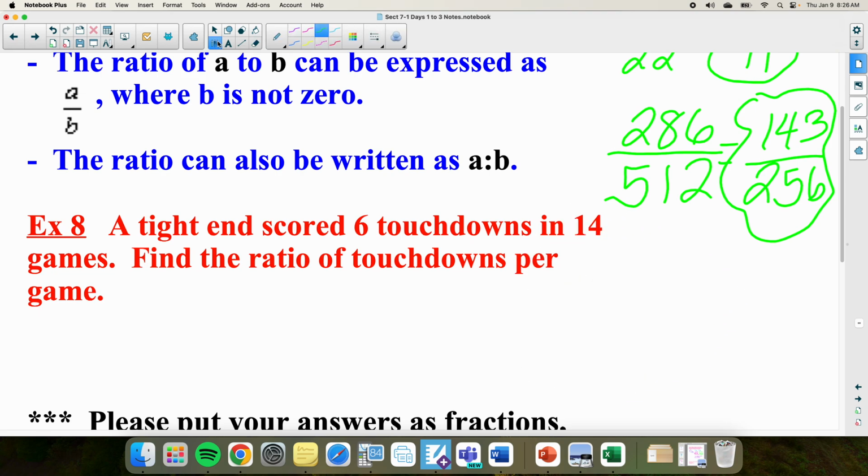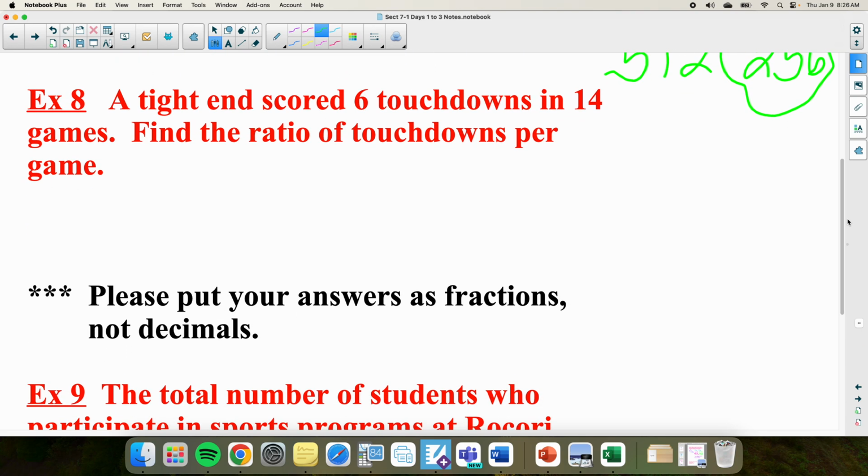So now we're going to look at this first example. It says a tight end scored 6 touchdowns in 14 games. Find the ratio of touchdowns per game. Okay? So this tight end did 6 touchdowns in 14 games. Now this is one we can reduce by ourselves.